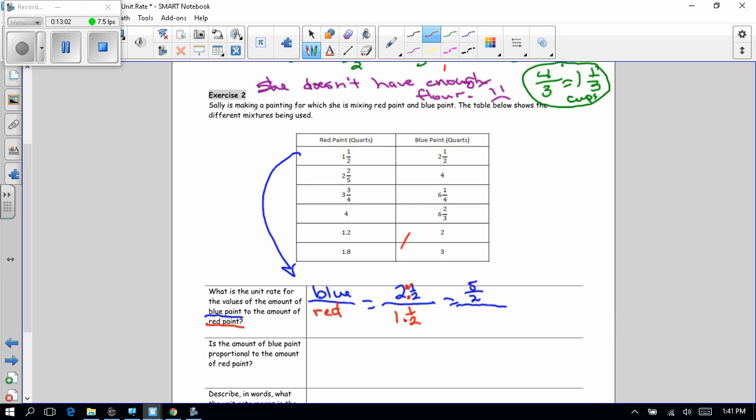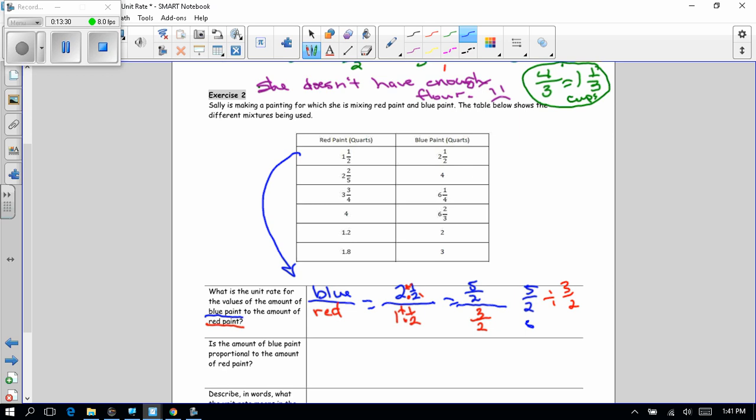And then I'm going to multiply. 1 times 2 is 2, plus 1 is 3. 3 over 2. I don't know why my pen keeps dropping in crazy colors every so often. Sorry about that. So now, this is just a division problem, right? So I'm going to take 5 over 2 and divide by 3 over 2. Well, when dividing fractions, don't be shy.